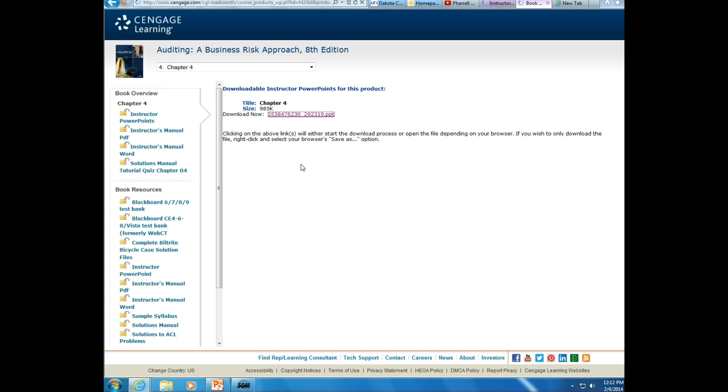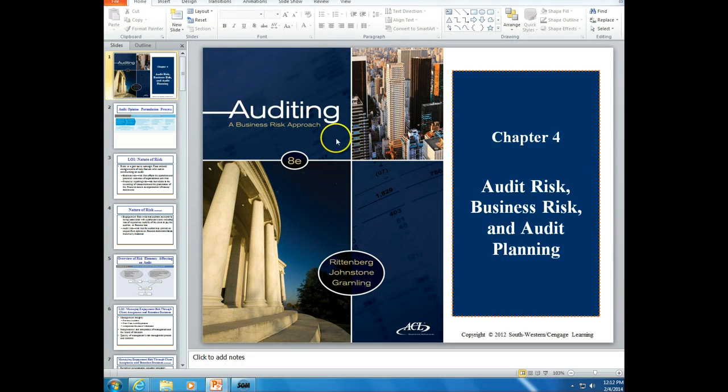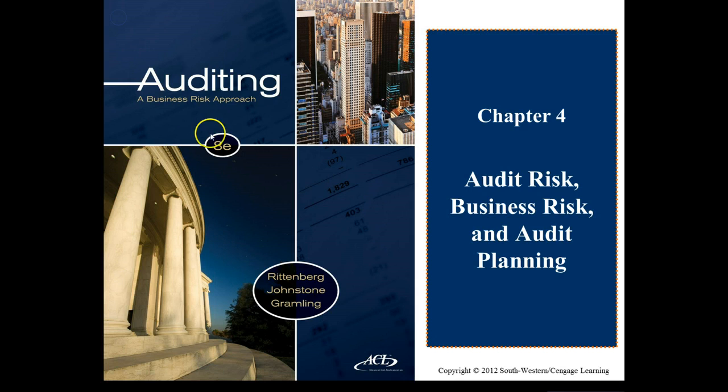So this chapter really focuses on the various risks at play as it relates to the audit.